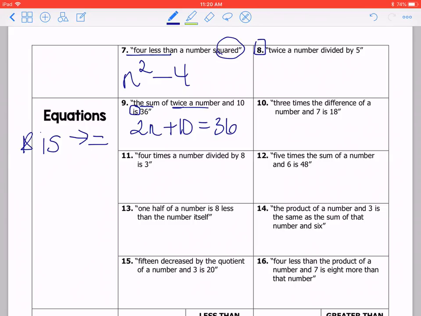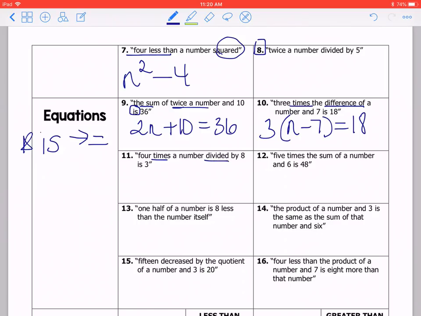10 is a little trickier. This is the first time we're seeing the parentheses come into play. This says 3 times the difference of a number and 7 is 18. So the difference of a number and 7 would be n minus 7, but it's 3 times that difference, so that goes on the outside, is 18. 11 is 4 times a number divided by 8 is 3.